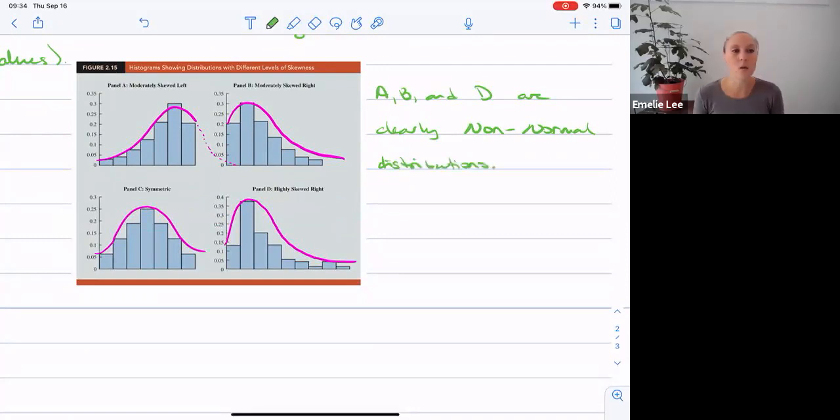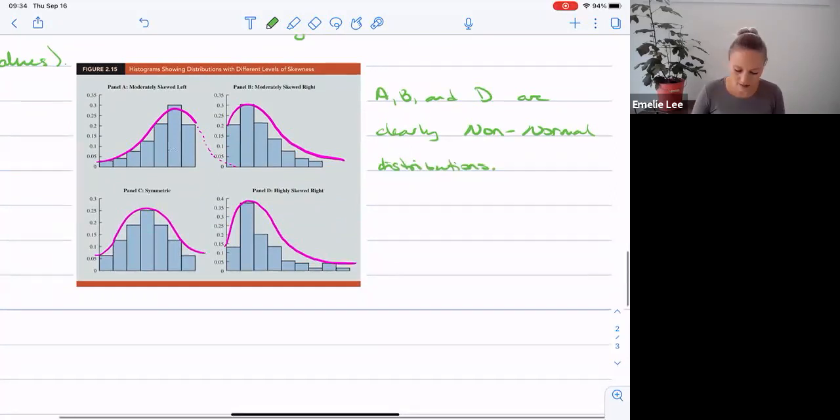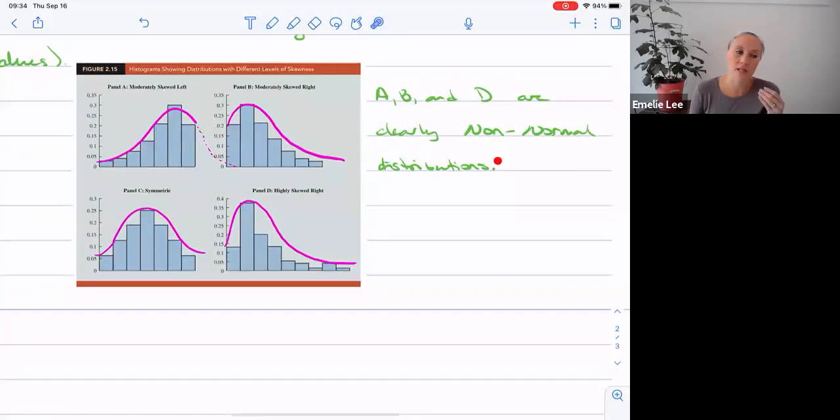Okay. And so we need a shape for that too. Like I said, for now, if you just want to classify them as normal versus non-normal, that's fine. But in this situation where we have a long tail on one side but not the other, we call it skewed, okay?